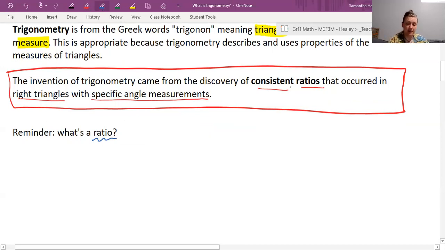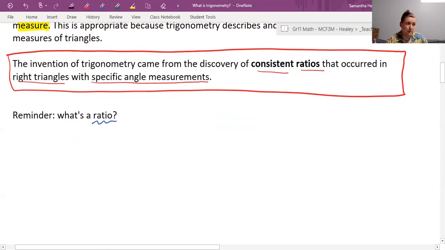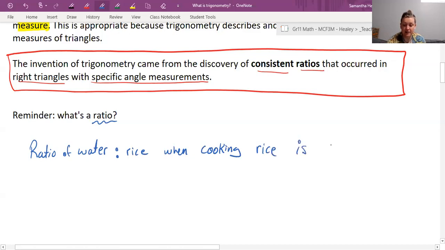So reminder, a ratio is the measure of one thing in comparison to the measure of the other. So if I said, for example, I had rice for dinner last night, and the ratio of water to rice, and you sometimes use this colon to show water to rice when you're cooking rice, is 2.